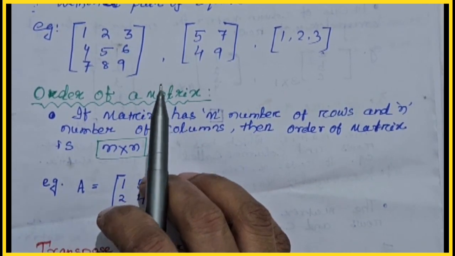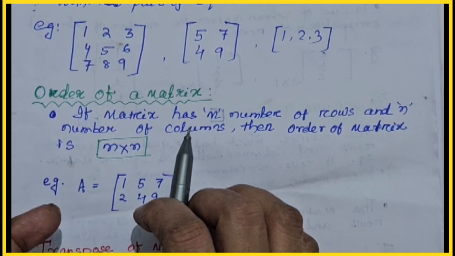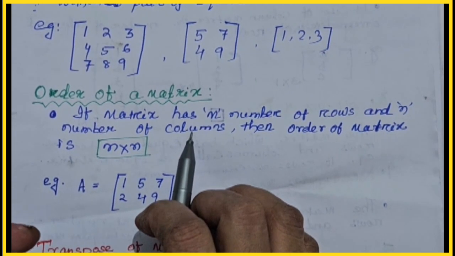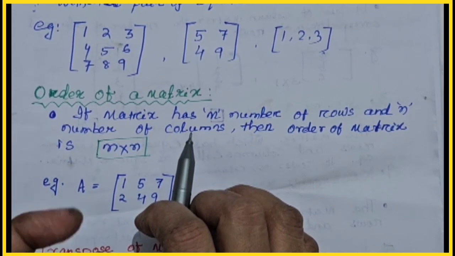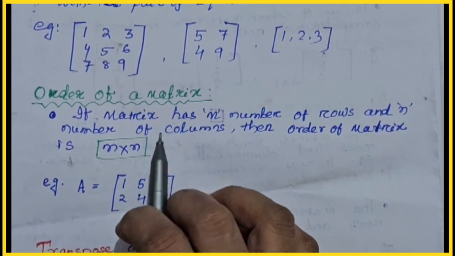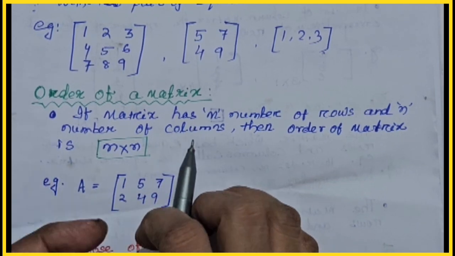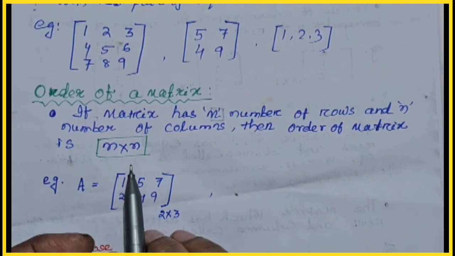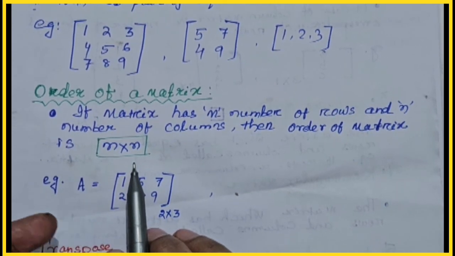Order of matrix: if a matrix has m number of rows and n number of columns, that means how many rows and how many columns are present in the matrix, then the order of the matrix is m cross n.